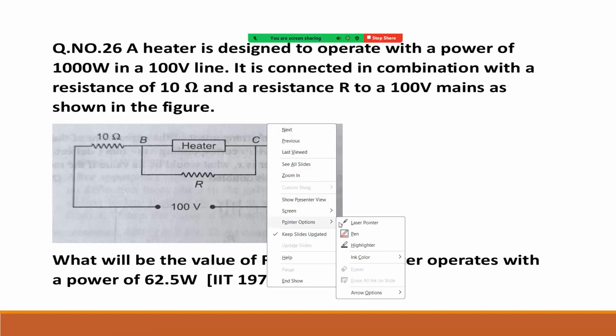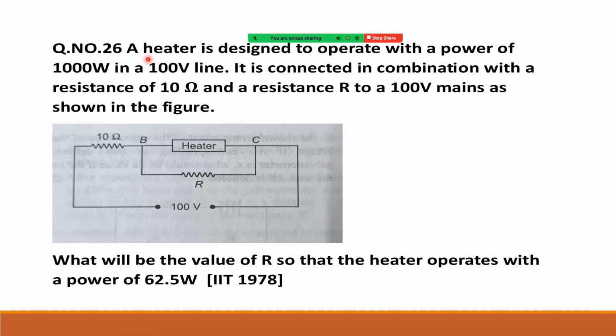Let's see what is the given data. A heater is designed to operate with a power of 1000 watt in a 100 volt line. It is connected in combination with a resistance of 10 ohm and a resistor R to a 100 volt mains as shown in the figure.